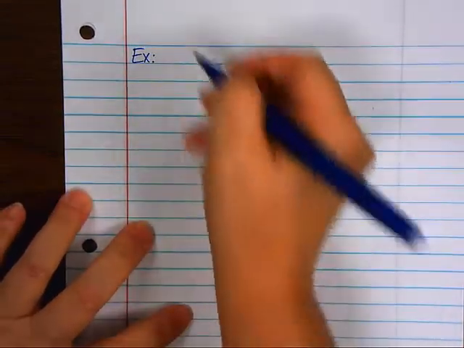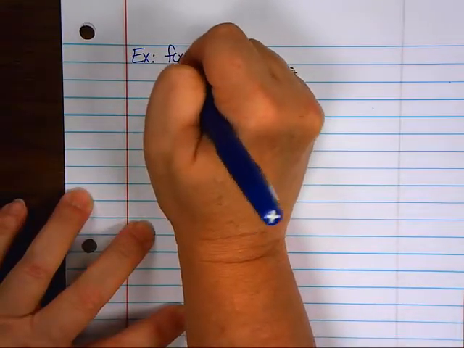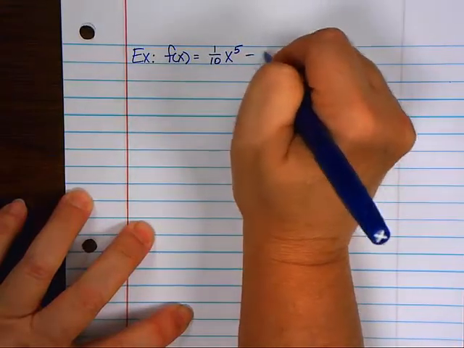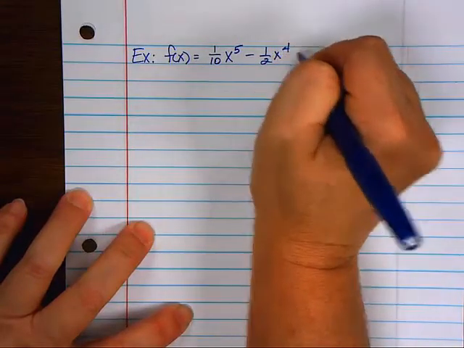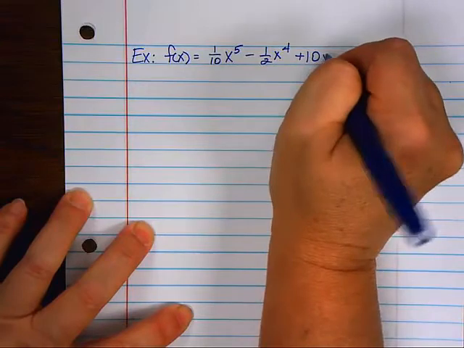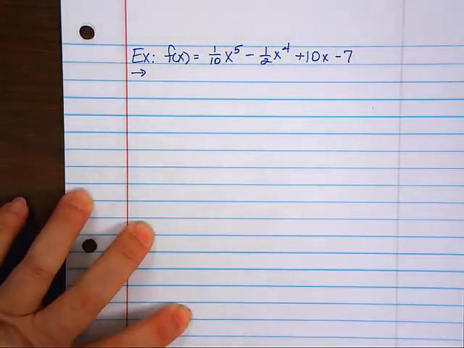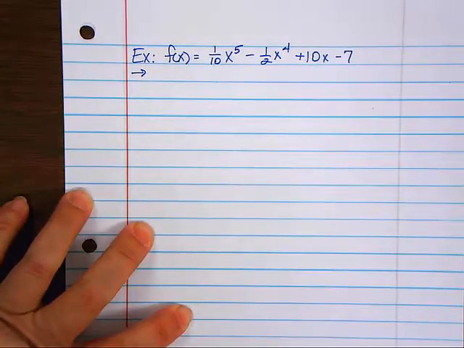Can you see? Yes. F of x equals 1/10 x to the 5th minus 1/2 x to the 4th plus 10x minus 7.